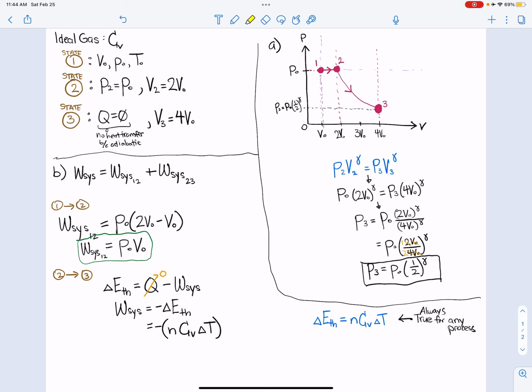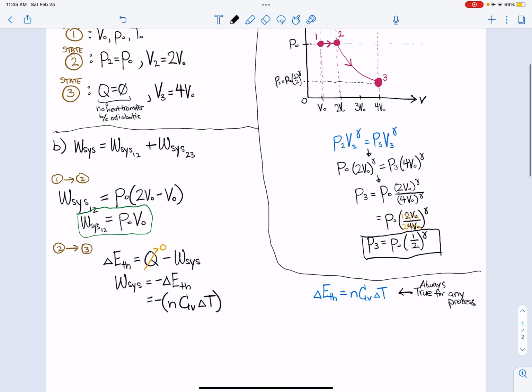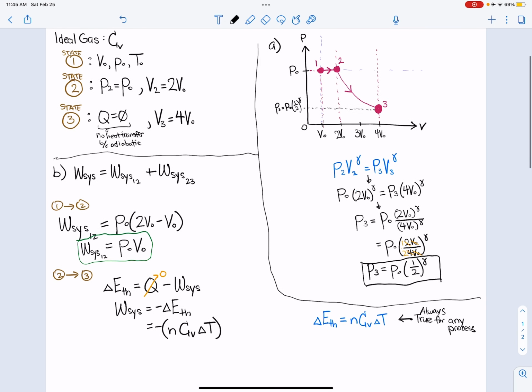So all our answers should come with these given values, because these given values we assume to be a number, right? So that's how I'd like to end my problem. They didn't give me any temperature other than T naught, so I'm not going to leave it as delta T. All my answers should be within the given variables, V naught, P naught, T naught, okay? And CV as well, because CV was also given.